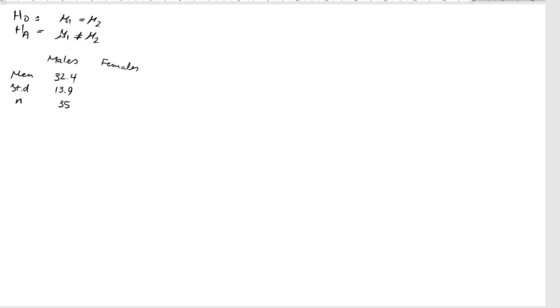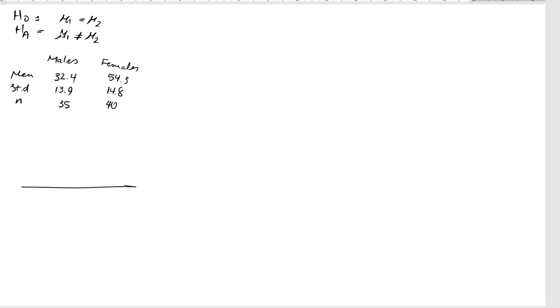The mean of females is 54.3, standard deviation 14.8 messages, and sample size is 40 female students. Okay, write down the information that's given to you. That's going to help you to identify what you need to do, and it's quite helpful to summarize the question.